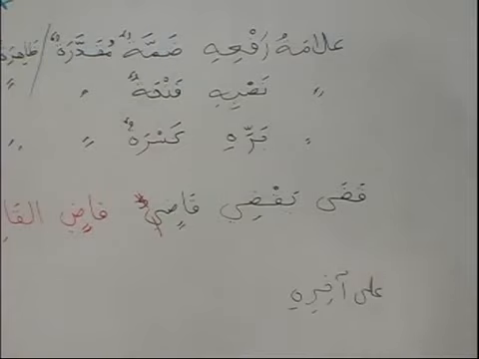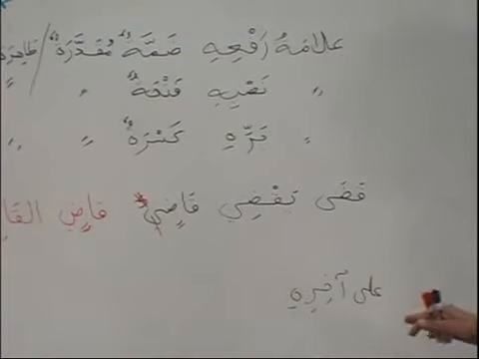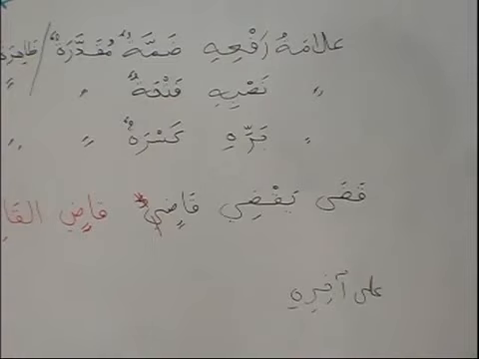So you will say fa'ilun marfu'un alamatu raf'ihi dammatun muqaddaratun ala akhirihi. You can say it if you want to, but if you don't want to write it, it's perfectly all right. Dr. Abdurrahim did not write it. But I have seen in other places sometimes people write it. But it's easy, and it makes sense.